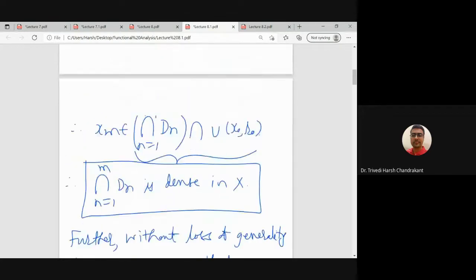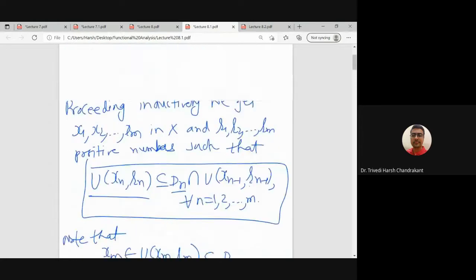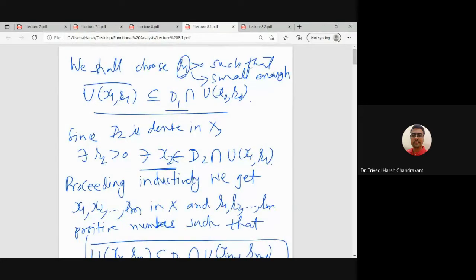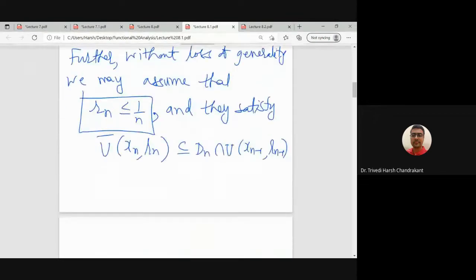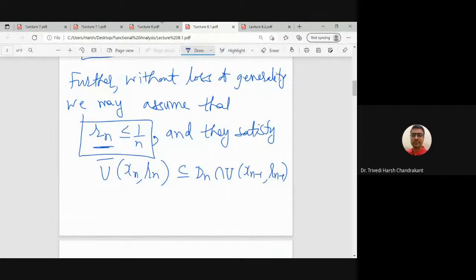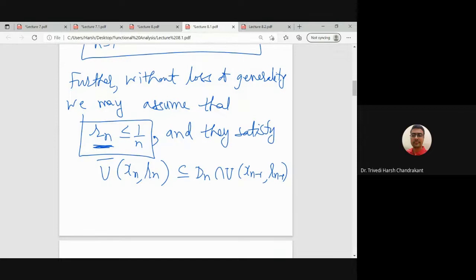That way we can select the disk, and they also satisfy this extra condition, because since we are choosing small enough radius, this is smaller than 1 upon n, but we can even take rn smaller, so that they satisfy this property.